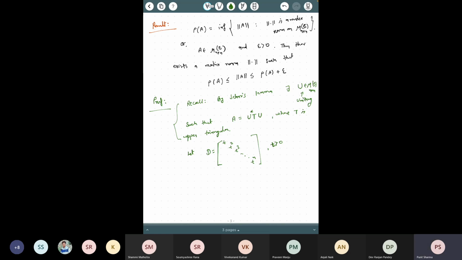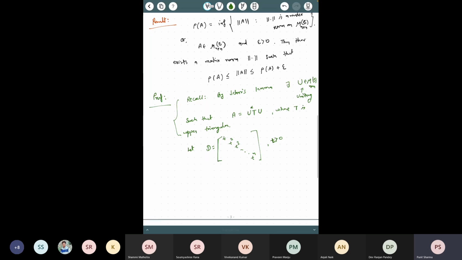And then with this D, I will compute D T D inverse. Let us assume that the entries of T are of the form t_ij. It is an upper triangular matrix. Now, can you tell me what would be this D T D inverse? It would again be an upper triangular matrix, but what would be at the diagonal?